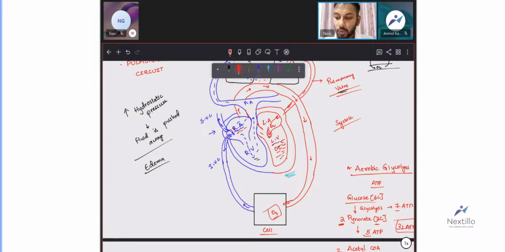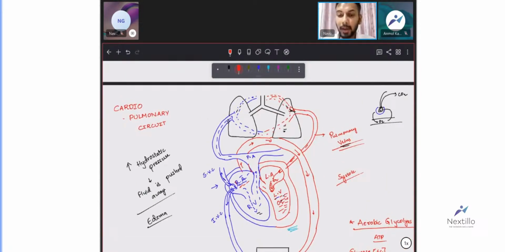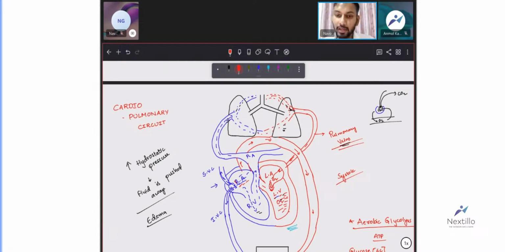From right atrium, it is going into right ventricle. From there, pulmonary artery is pumping this deoxygenated blood into lungs for oxygenation. Oxygenation happens in lungs. So oxygenated blood is taken by the pulmonary veins and it drains the oxygenated blood into left atrium. That is why left side we have oxygenated blood, right side we have deoxygenated blood.